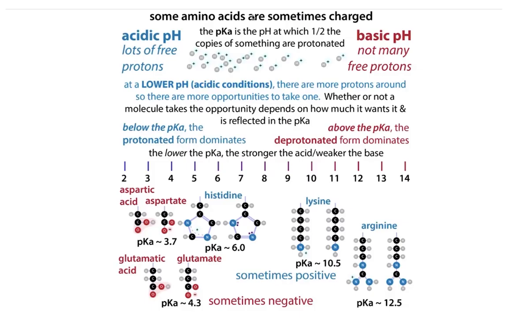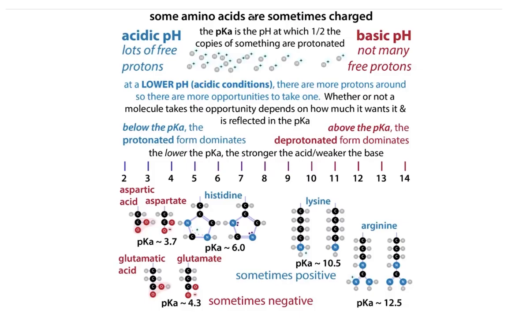So these are almost always going to be positively charged. But we will see examples of how lysine can be deprotonated in active sites of enzymes and play really important roles as a nucleophile. So even though lysine, if it was just hanging out by itself, would be positively charged, we're going to see important examples where it does get deprotonated.